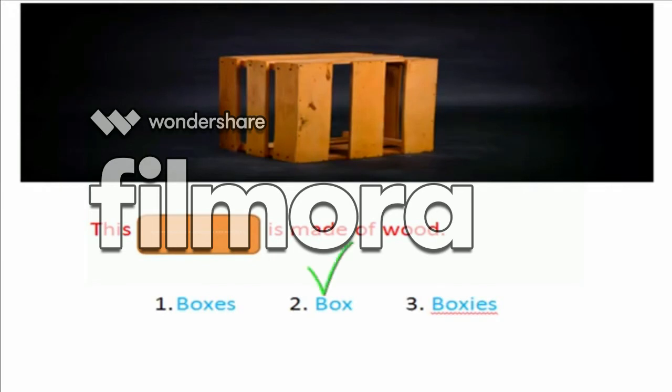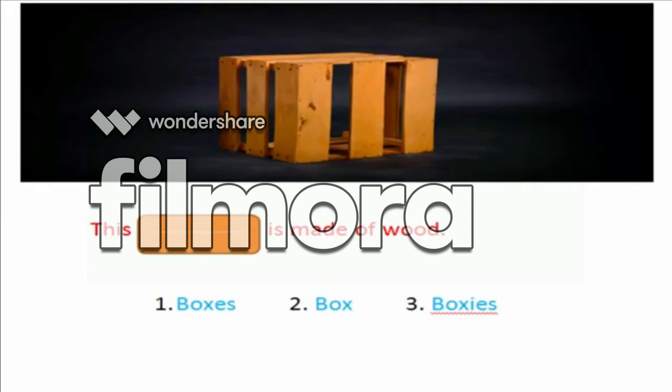Very good. The correct answer is number 2. This box. This box is made of wood. Let us explain. As you know, the box is made of wood. And as you see, there is only one box, singular.